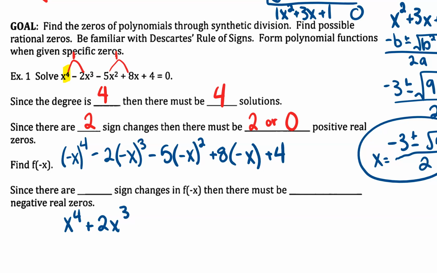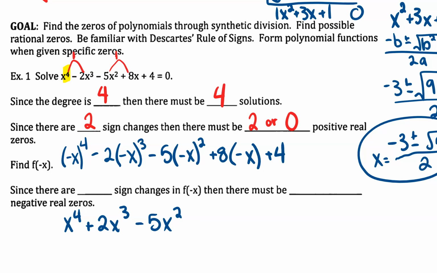Then this one, a negative to an even power becomes positive, so this becomes positive x squared. But there was a negative 5 here, so negative 5 times positive x squared is negative 5x squared. All right, and then the next one, negative x, there's no power on here, so it's just 1.